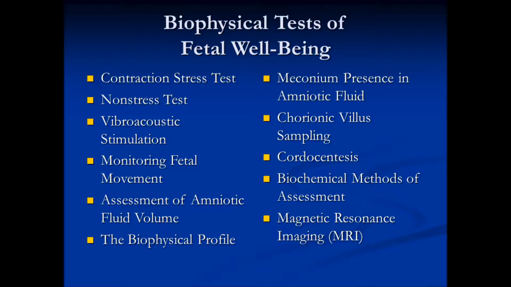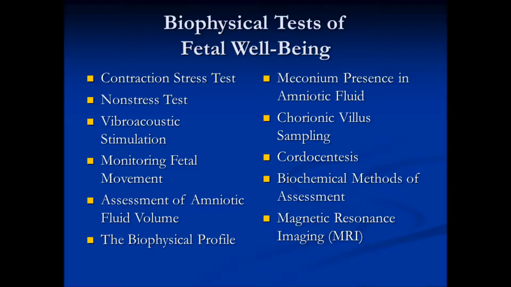One is fetal breathing, the other one is fetal movement, fetal limb tone, a reactive NST, and then amniotic fluid volume. So basically, you're taking some of those tests that we talked about earlier and clumping all of those results and getting a score.